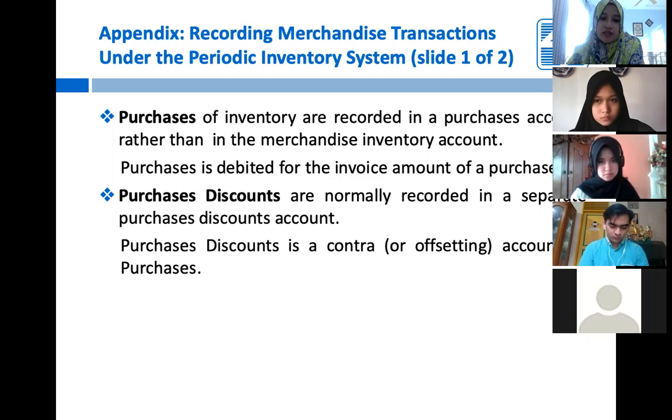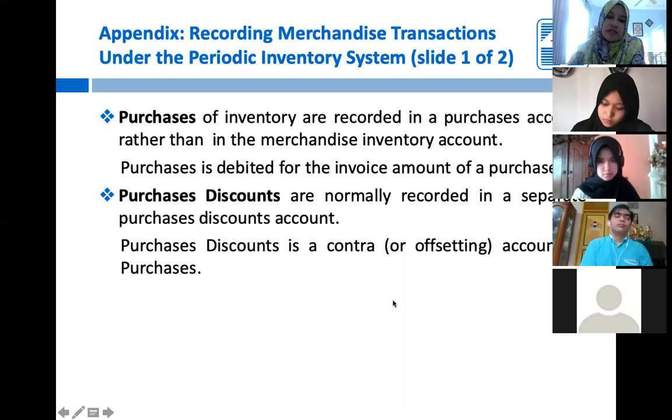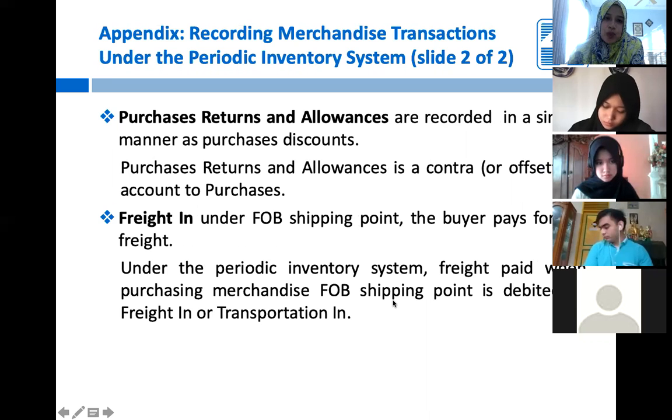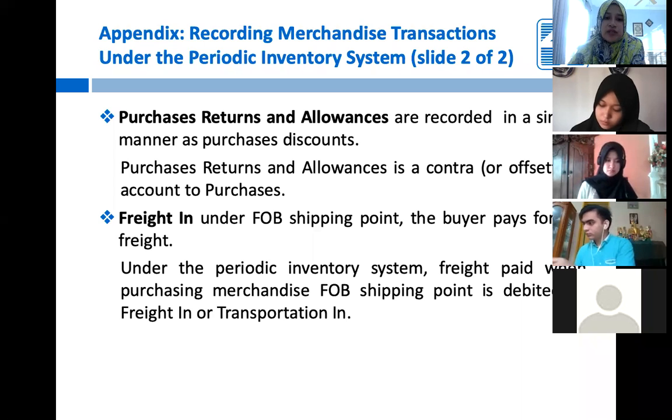It is credit because it is supposed to reduce the purchases. Purchase return is also a contra account of purchases, so it has a credit nature. If there is a purchase return and allowances, we would credit it.